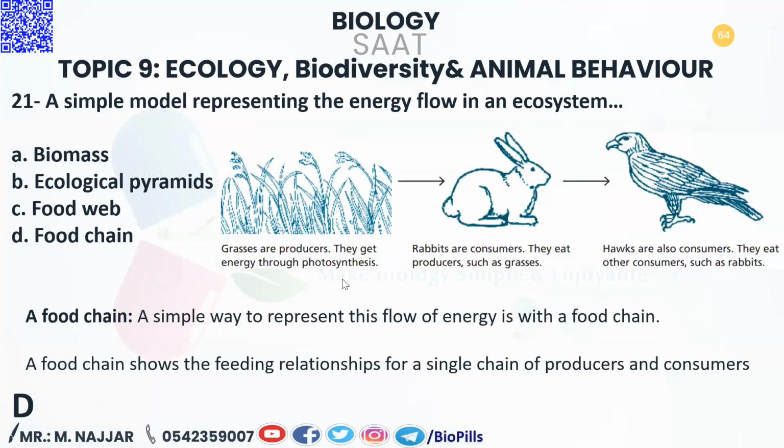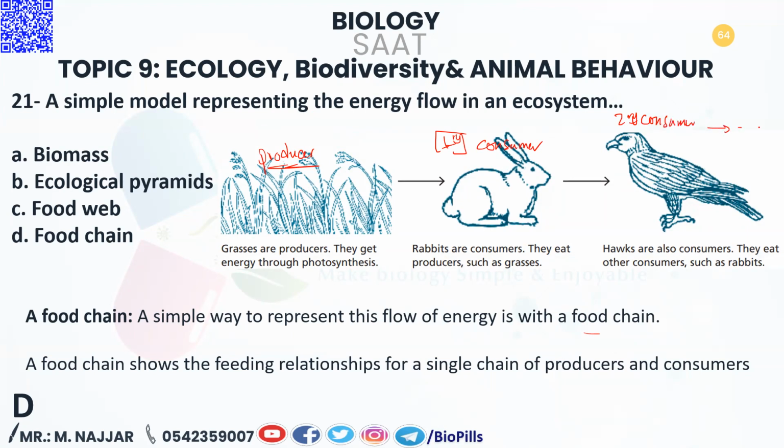Let's take it a little bit further. As I just mentioned, a food chain is a simple way of representing the flow of energy. Starting with producers, then we have primary consumer, then secondary consumer.